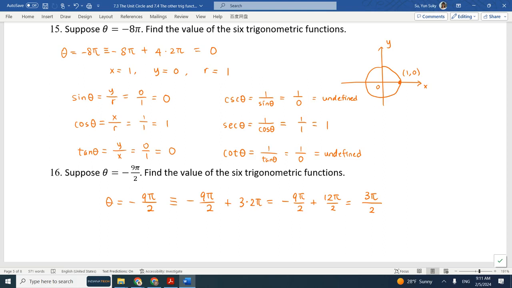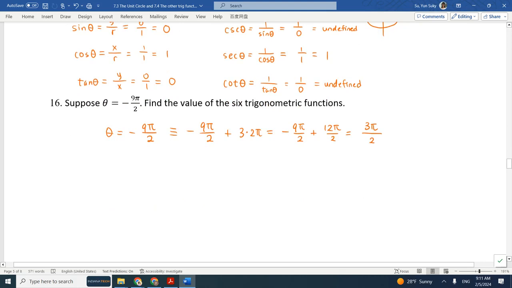And now we're ready to plot this point on a unit circle. So unit circle, like that. Where is 3 pi over 2? It's on the negative y-axis. So what is the coordinate of this point?